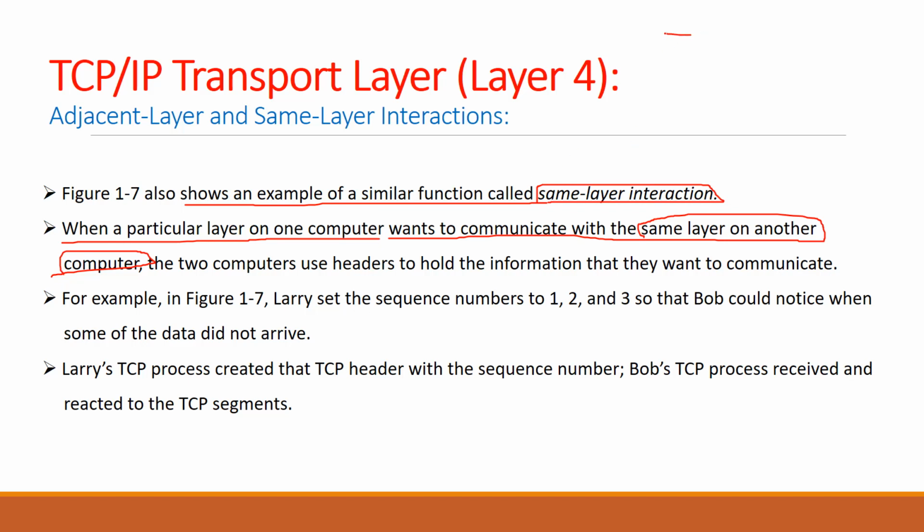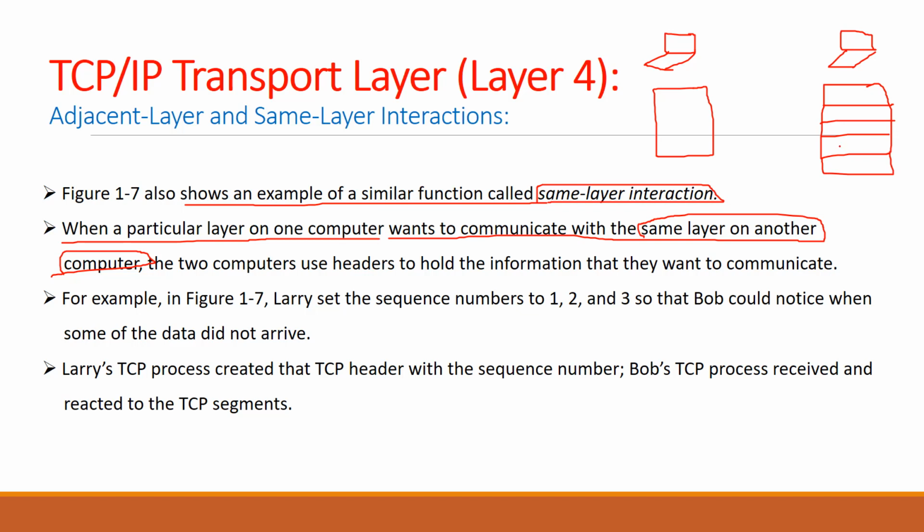It means that if we have a computer here and a computer here, and these are the TCP/IP layers: application, transport, network, data link, physical, and the same here.